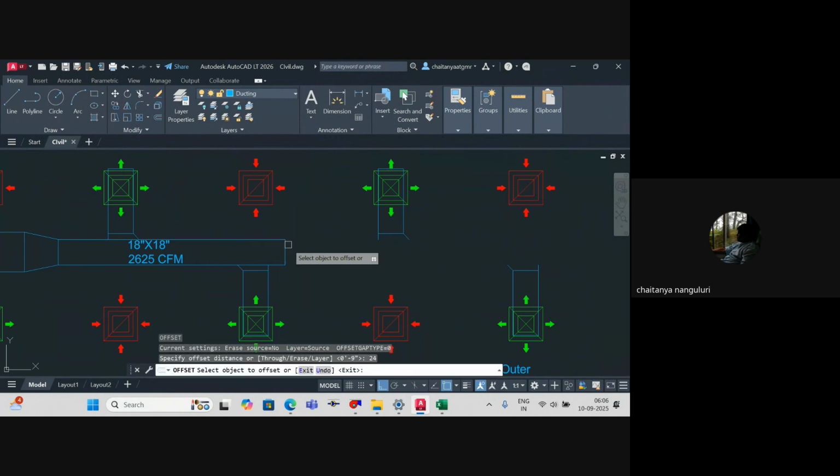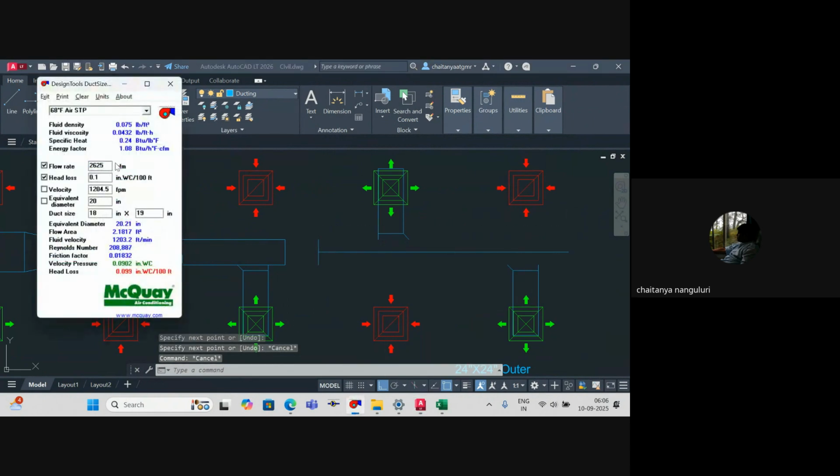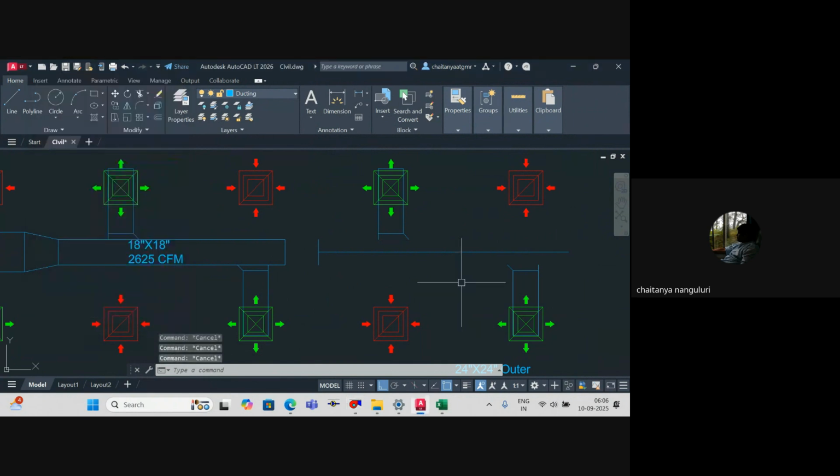Offset 24. So CFM 1575. 18 means, so can I use this or not? I can go for 14 inches by 16 inches or something. 7 inches on the other side. Done.